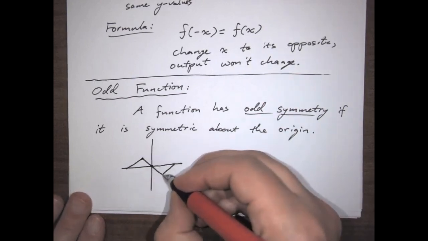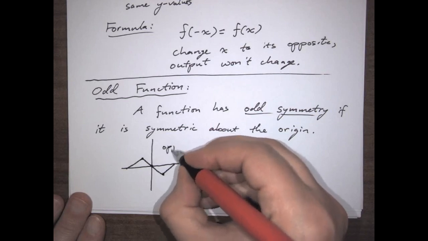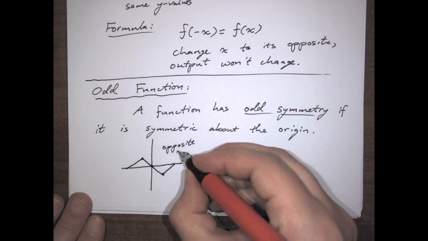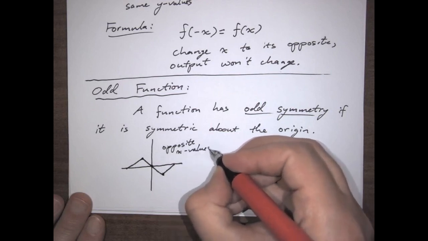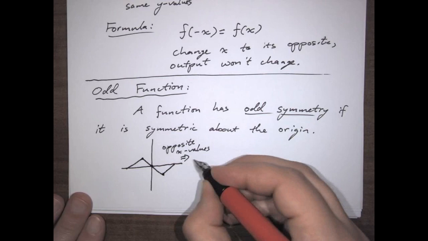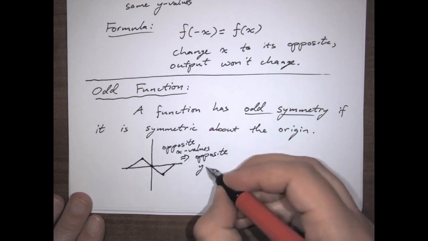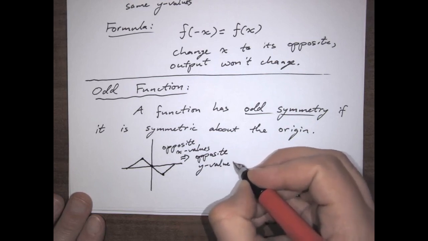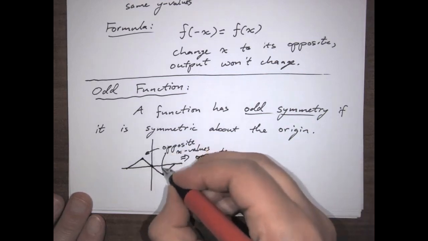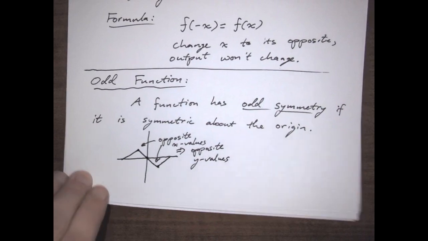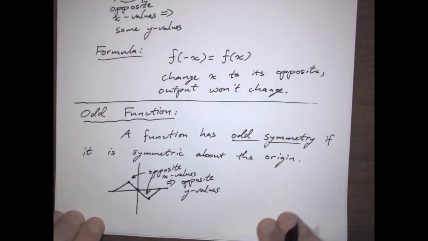So right here versus right here, these have opposite x's. And those lead to opposite y values. So opposite x values lead to opposite y values. Now, as far as the formula goes, it's going to look a lot like this, except that the punchline will be different.